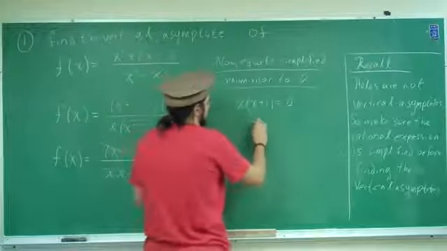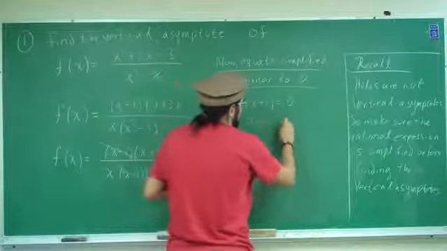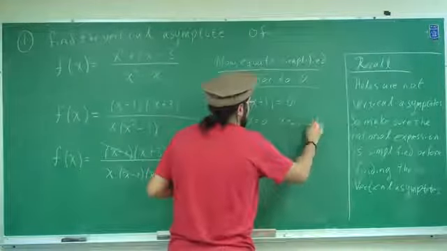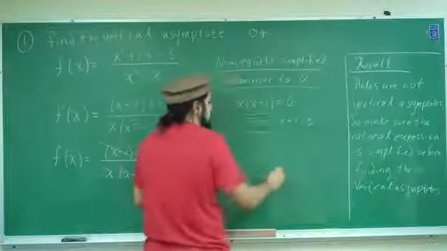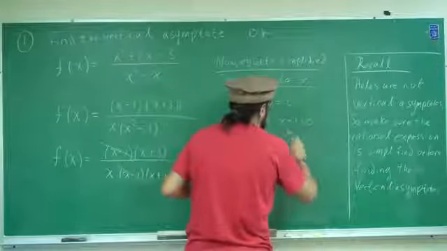When we do that, we obtain that x is equal to 0, or that x plus 1 is equal to 0. So this is one vertical asymptote, and here we get that x is equal to negative 1.